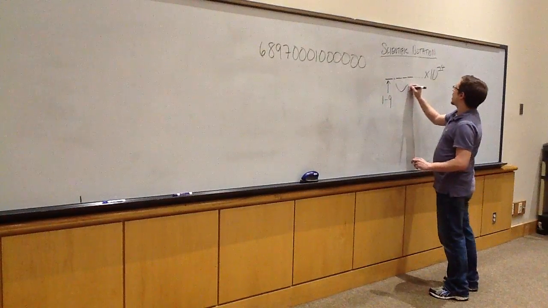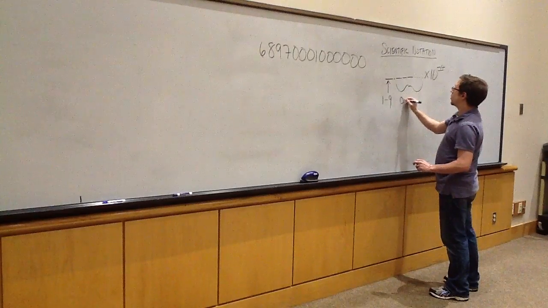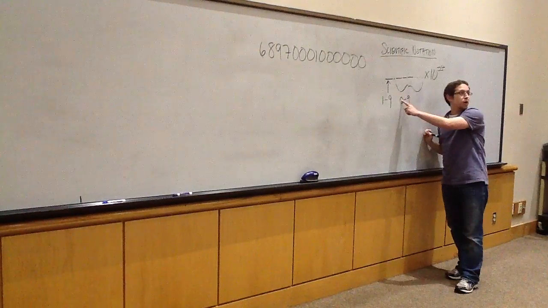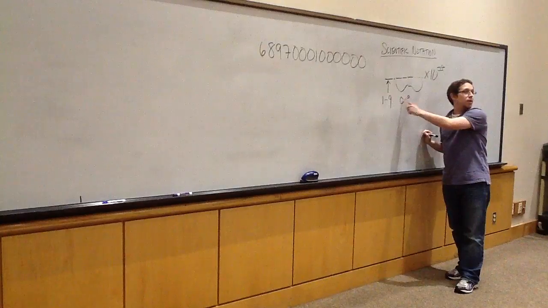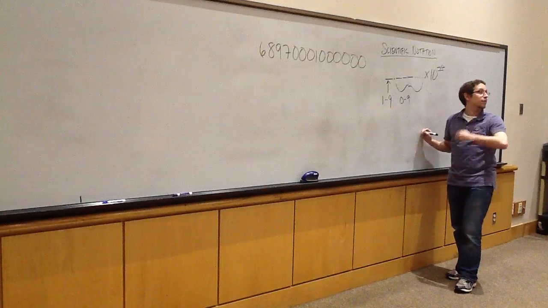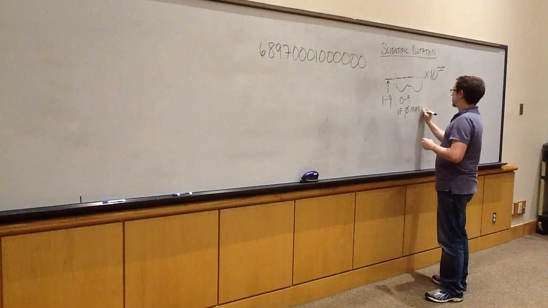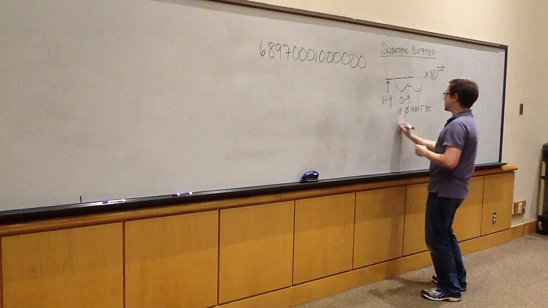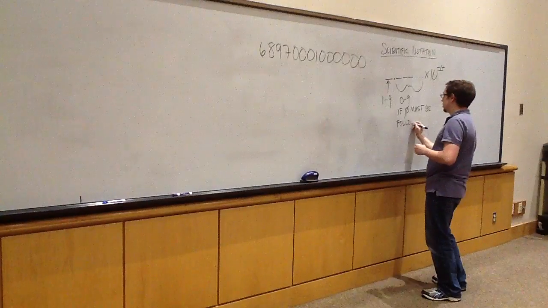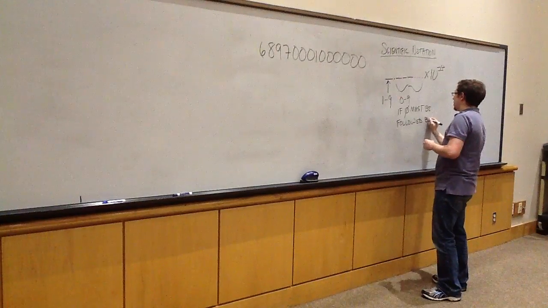Anything following that can be 0 to 9, but if it's a 0, it must be followed by a non-zero number eventually. So if it's 0, it must eventually be followed by a non-zero number.